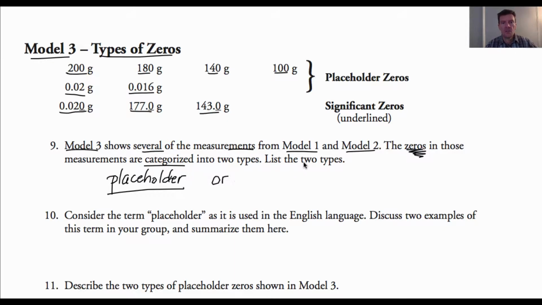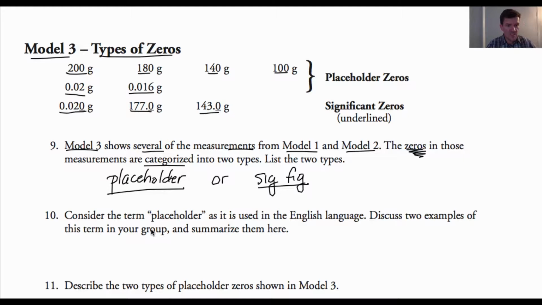Or the 0 is in a particular location because it is significant to the measurement. It is part of the precision of that instrument and needs to be there so that you know exactly what the measurement is. And I'm going to put sig fig here. Okay, that's an abbreviation for significant figure.